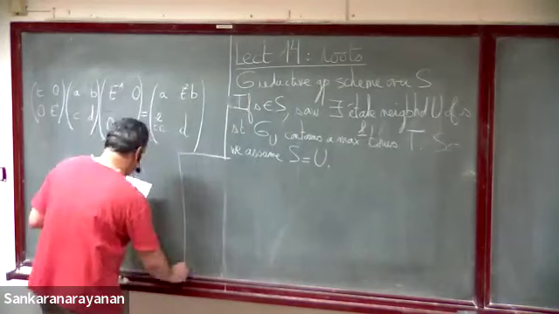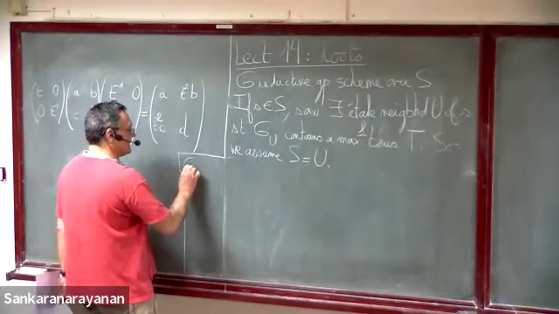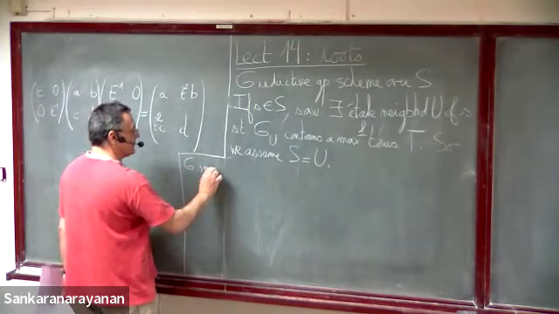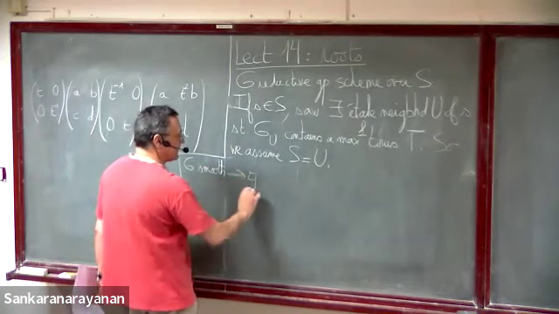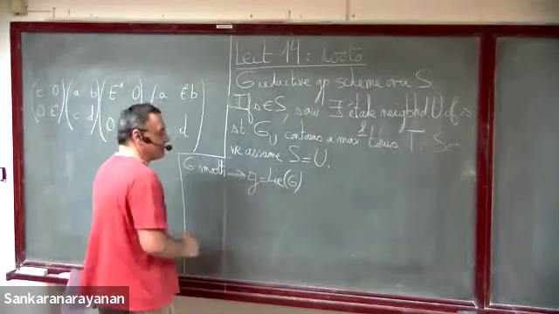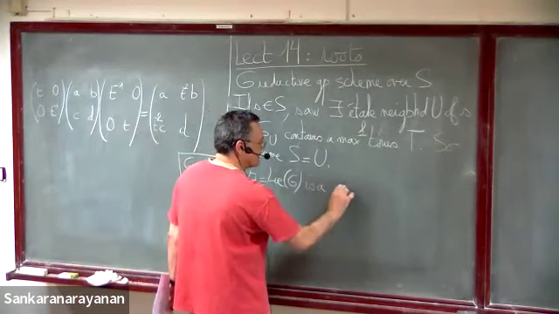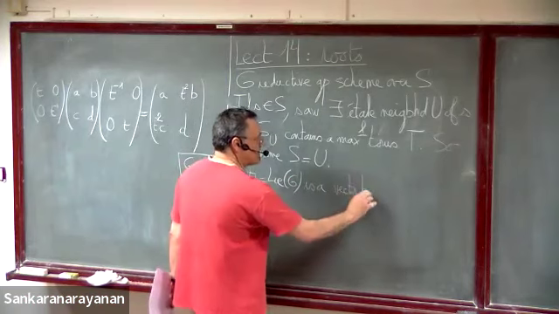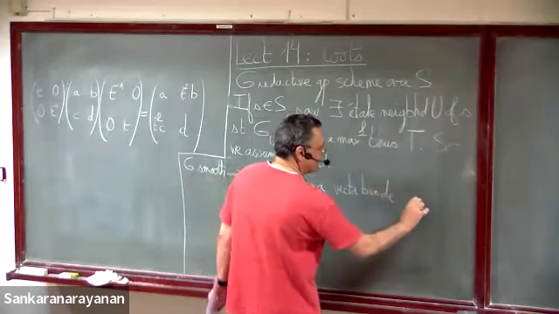Okay, and since G is smooth, its Lie algebra is a vector bundle over S.